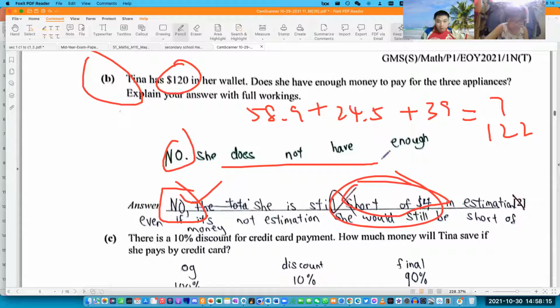No. Because you see, you try to explain in estimation. And by the way, your answer short of 4 is wrong, because it's not short of 4, short of 2 point something. So to answer part B, you cannot use estimation. All right.